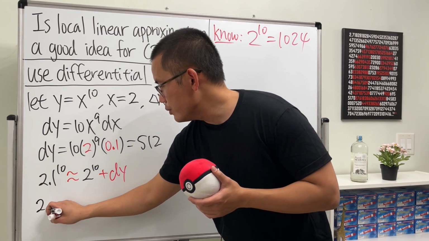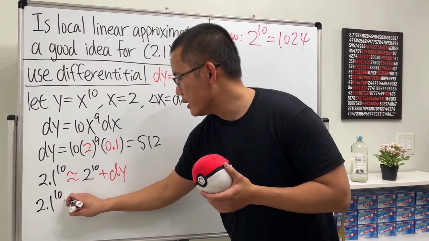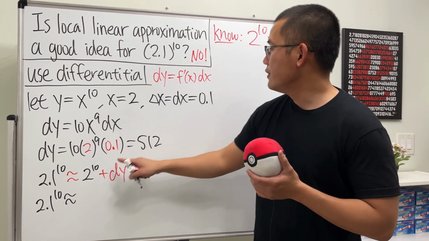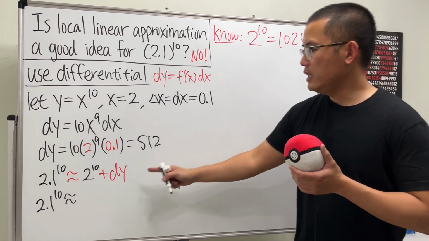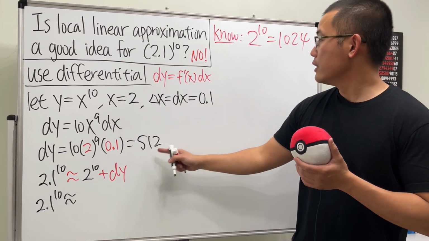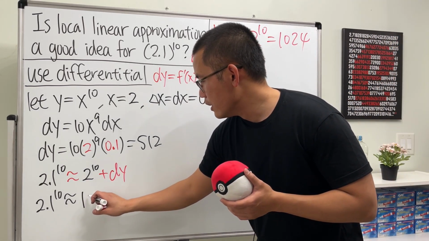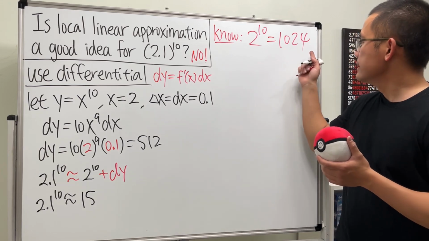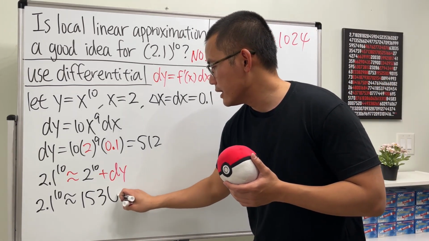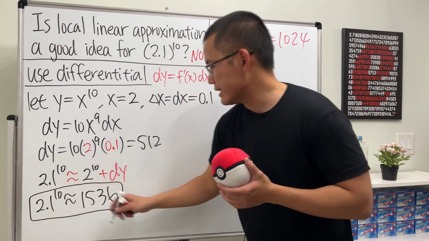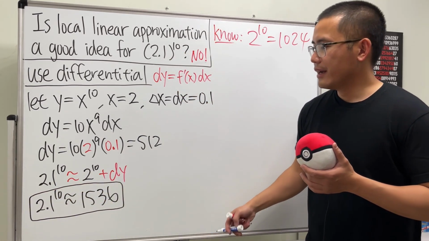So 2.1 to the 10th power is going to be approximately 1024, and then dy is 512. Just add this and that together, and we end up with 1536. This is the approximation that we get.